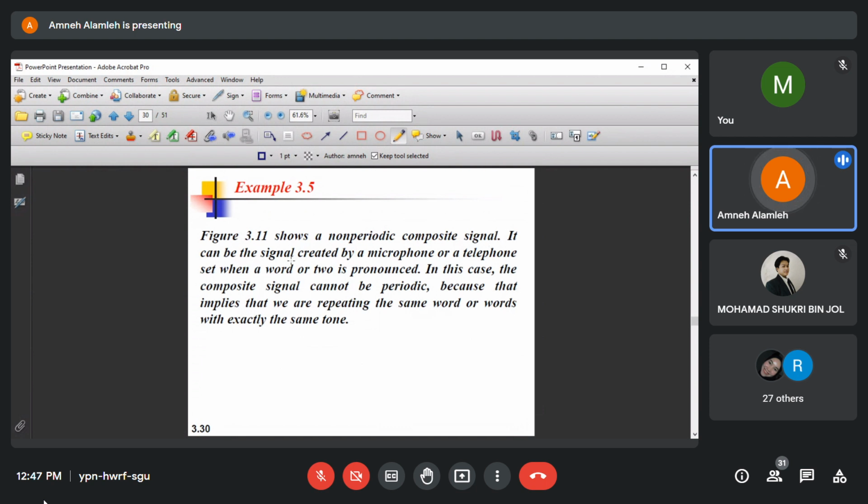It can be a signal created, for example, by a microphone or a telephone set when a word or two is pronounced. So when you talk on your phone, each word has a different frequency, a different signal.